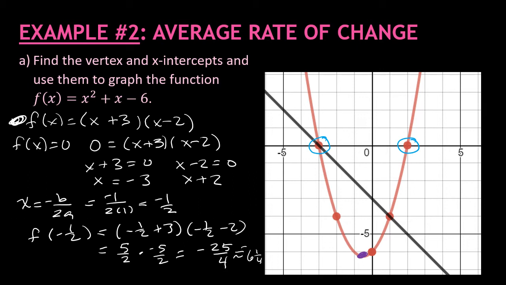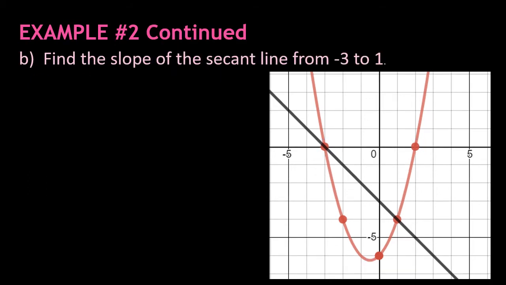So that's part A. Part B says we're going to find the slope of the secant line from -3 to 1. In order to find slope, you need 2 points. Right now, I have 2 x values, x1 and x2, so I need to find the corresponding y values.